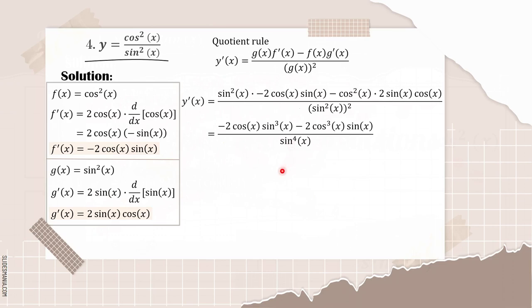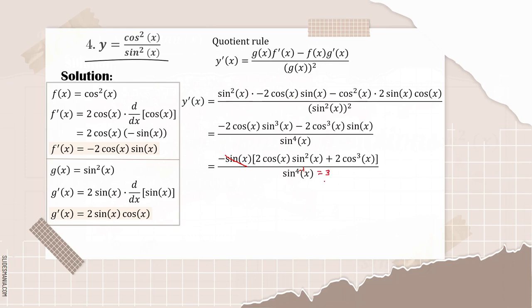And with this answer, we can still simplify this by factoring out negative sine of x in our numerator. Therefore, we can cancel this sine of x, which will cause subtracting 1 in the exponent of our denominator, which 4 minus 1 is equal to 3.